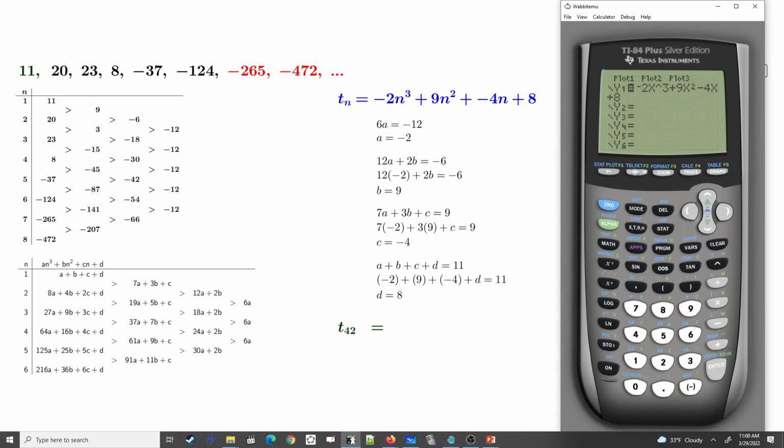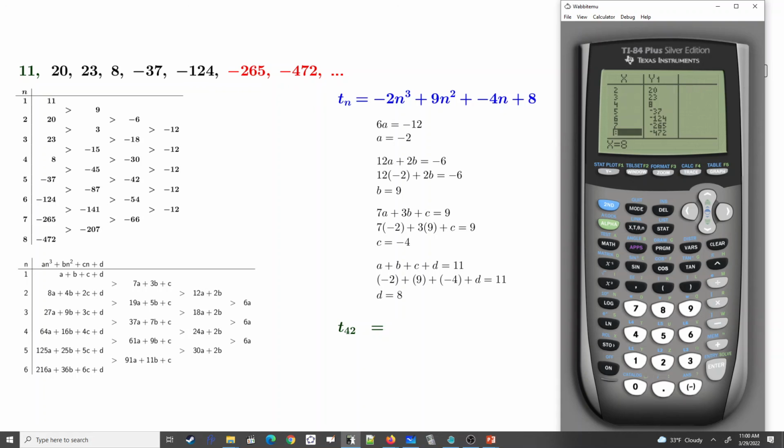Feel free to start your table at 1. Count auto. Verify that everything's matching up. Hey, look at that. Everything is a match. You can even go down and confirm those next terms.